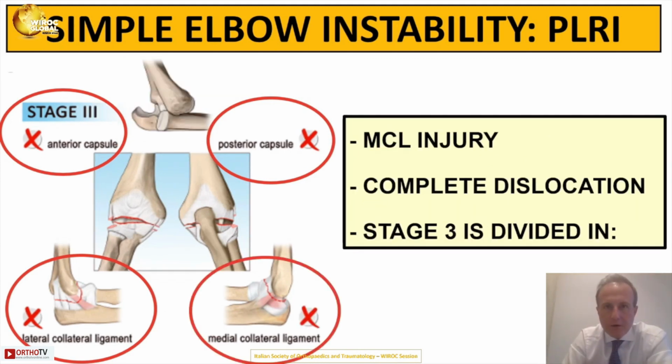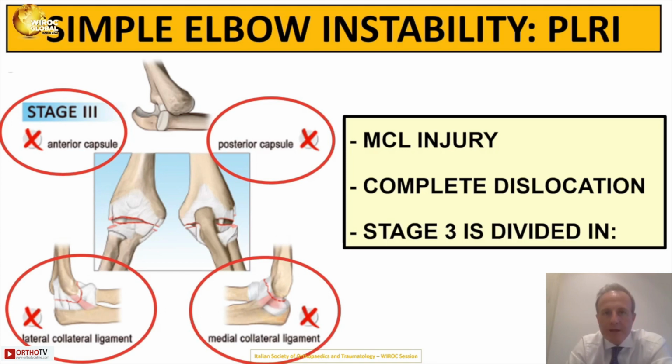In the stage 3, the previous ligament and capsular lesions are combined sequentially with a progressive injury of the medial collateral ligament. The joint is completely dislocated.